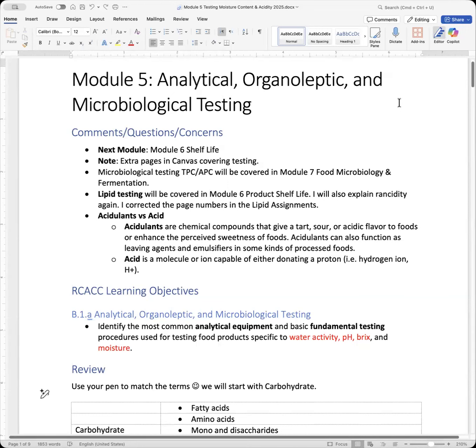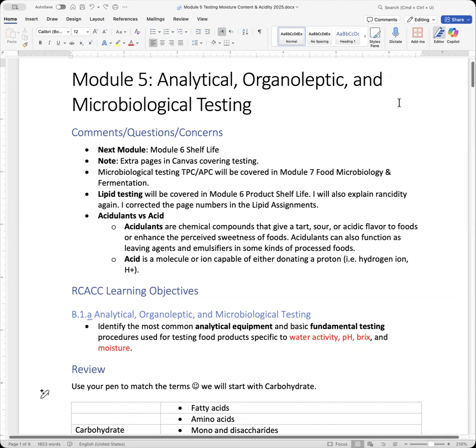Next week, we're going to cover Module 6, which is shelf life, and I'm going to talk about some more testing things then as we move through. Shelf life is something that I'm sure most of you know a lot about, so I don't see why I should talk about that.